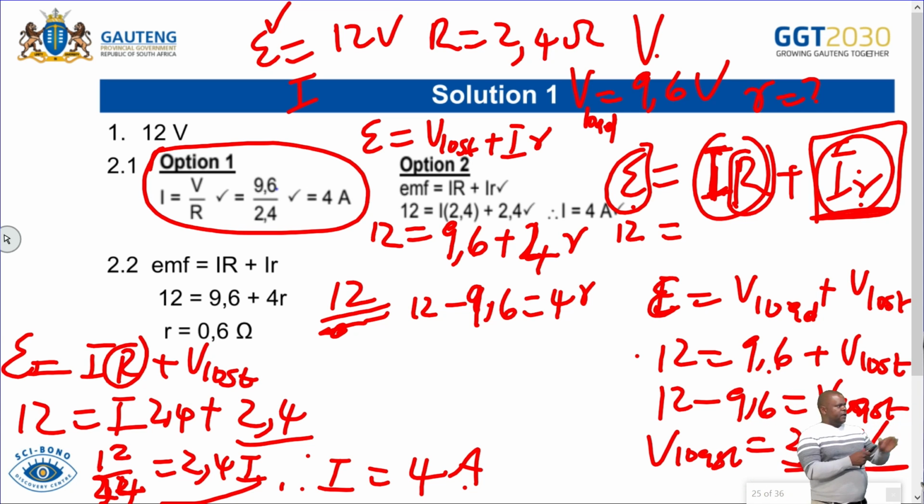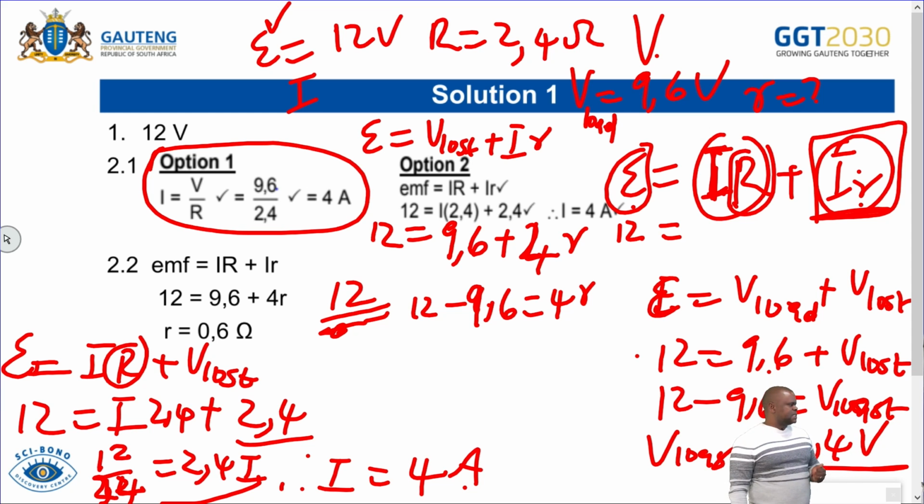Okay, we see here, from here, we have EMF is equal to IR plus Ir, current multiplied by external resistance, plus I small r, current multiplied by internal resistance. Then EMF, it is given that it is 12, and then we say the lost volts is how much?